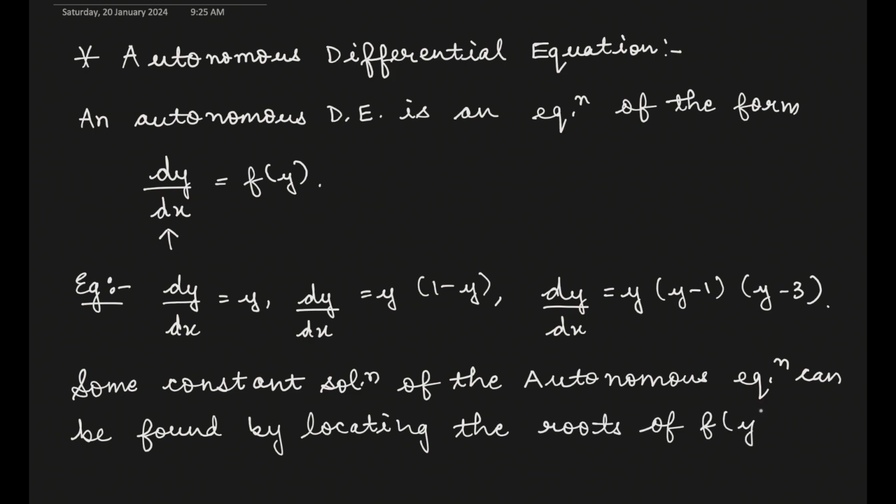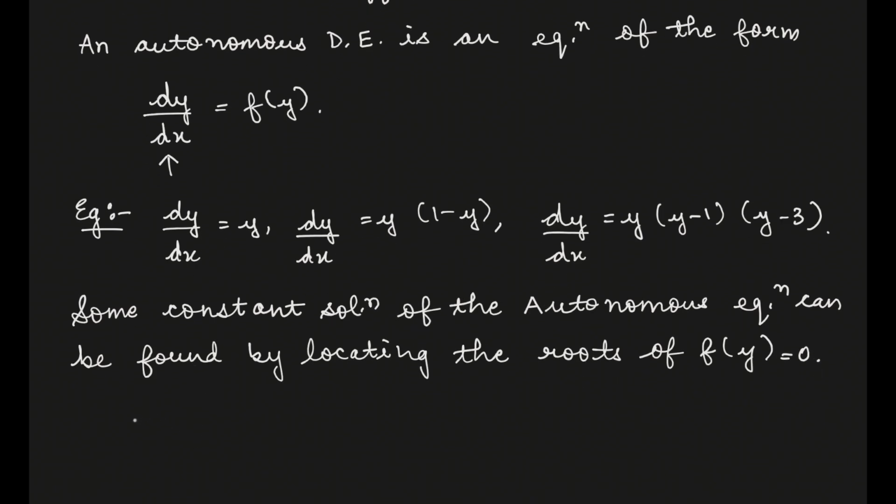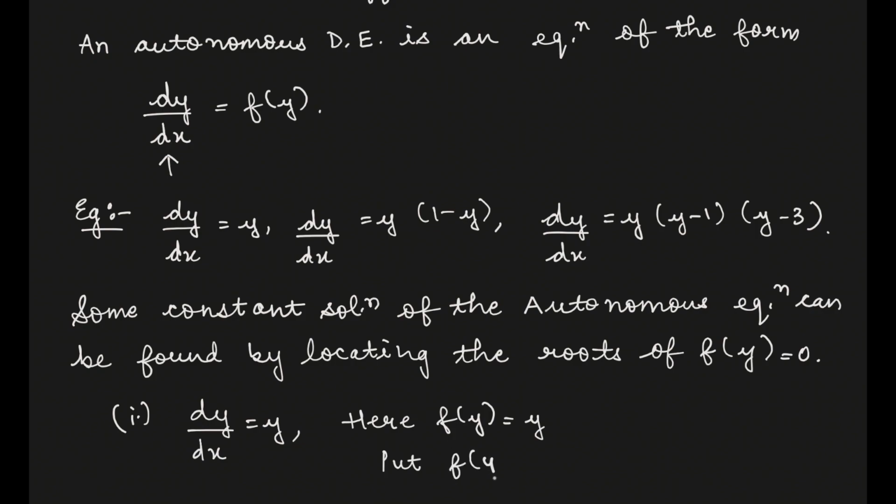For example, in this first example, dy upon dx is equal to y. Here, f(y) is y. Now, if I put f(y) equal to 0, I will get y equal to 0, which clearly satisfies this differential equation.